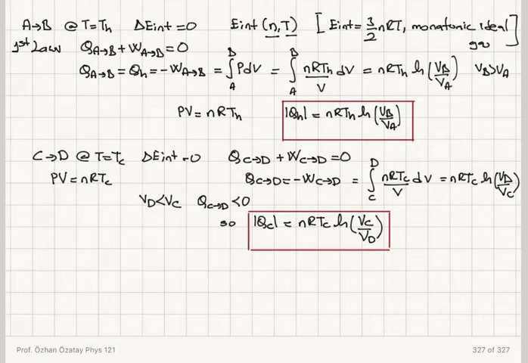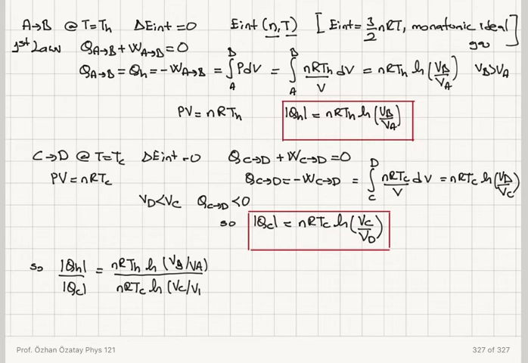So what is the ratio QH over QC? Well, the ratio is nRTh natural logarithm Vb over Va divided by nRTc natural logarithm Vc over Vd. nR's cancel, so the answer is Th over Tc multiplied by the natural logarithm Vb over Va divided by natural logarithm Vc over Vd.